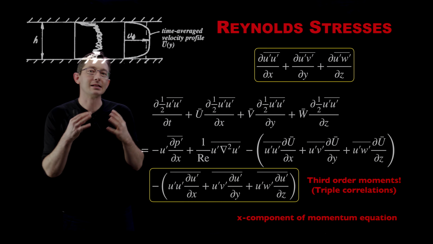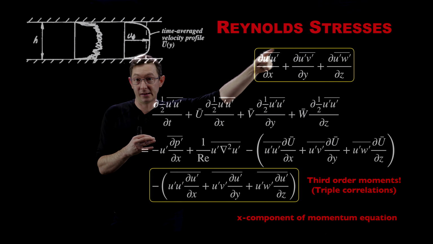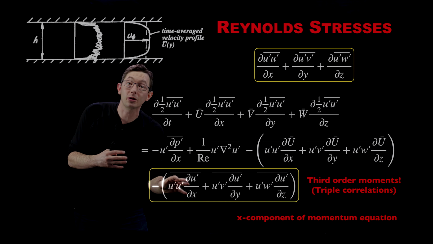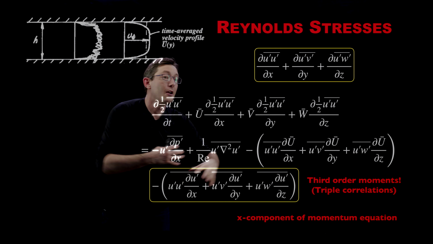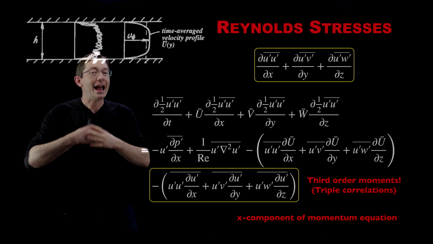And so what this means is that when I want to build a model for these Reynolds stresses, which are the second moments of my turbulent fluctuations, I'm going to need to include these third order moments, or triple correlations of my turbulent fluctuations. And this never ends.